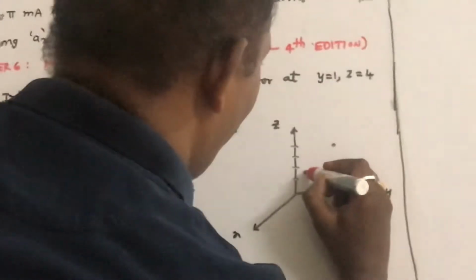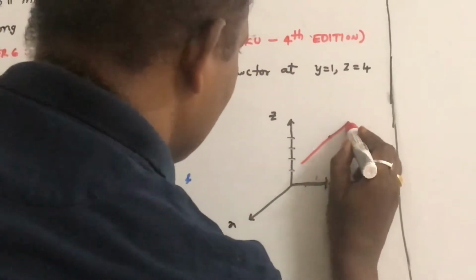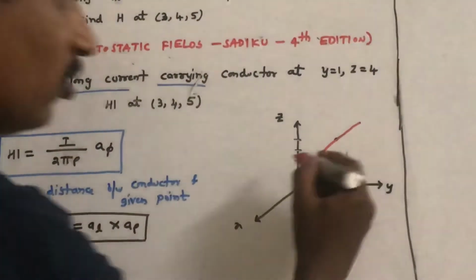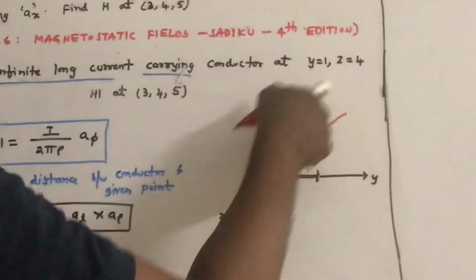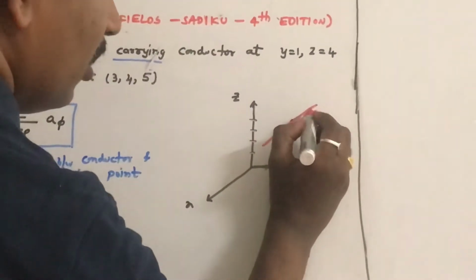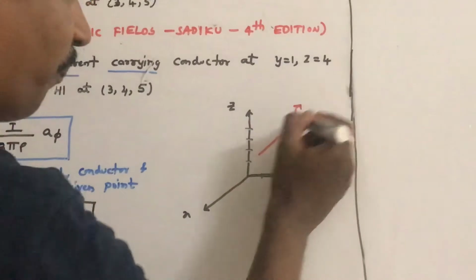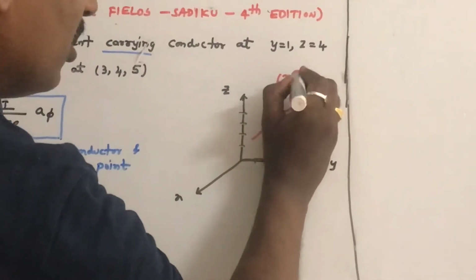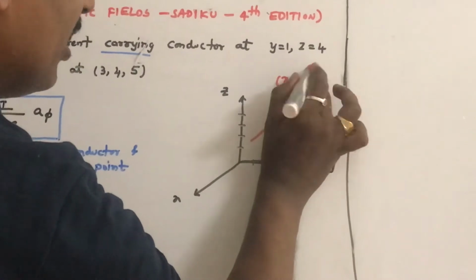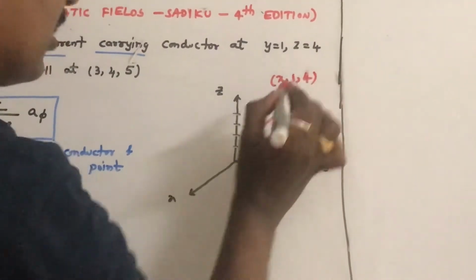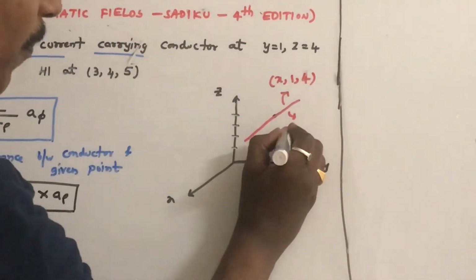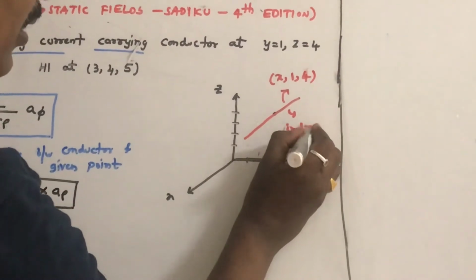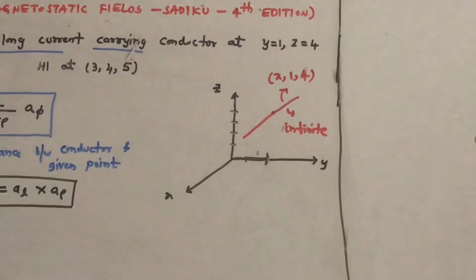At this location there is an infinite line along the x-axis. So any point on this infinite conductor is taken as x comma 1 comma 4.